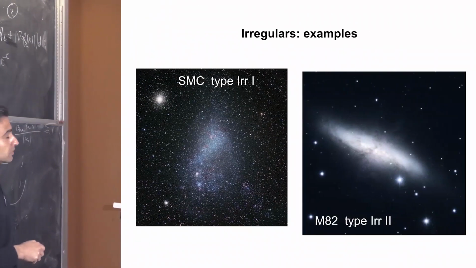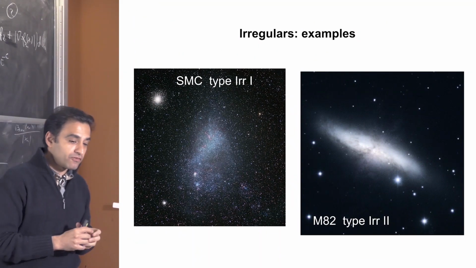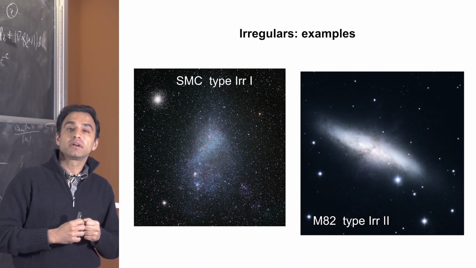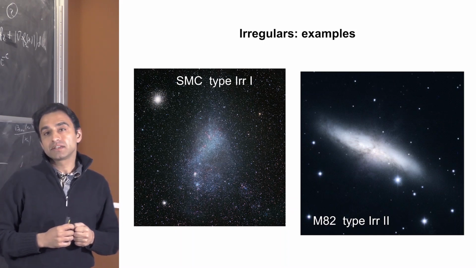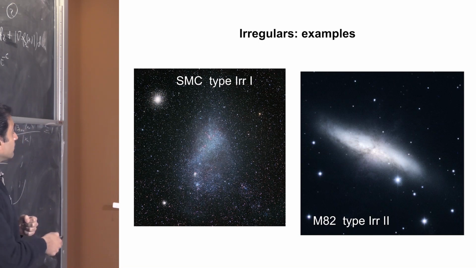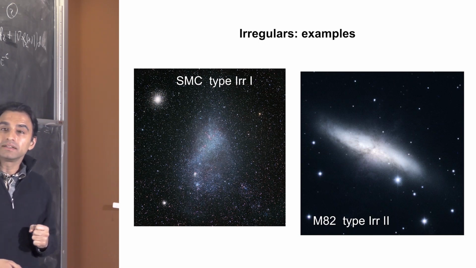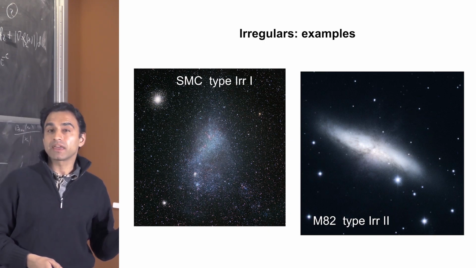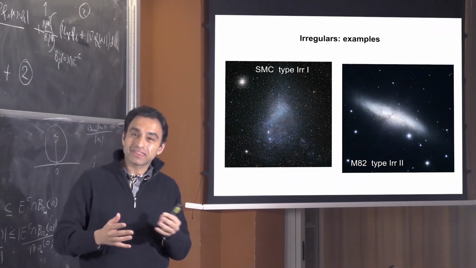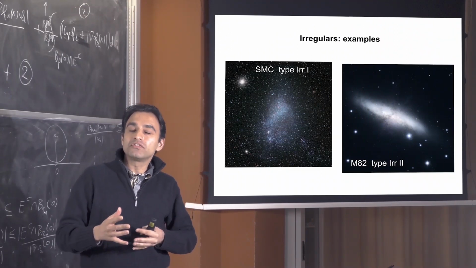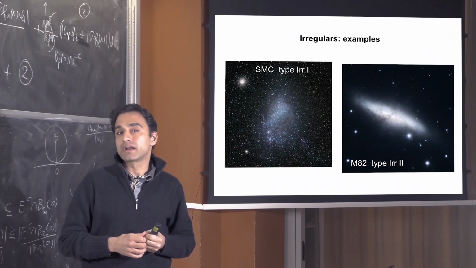I would like to conclude this type of tour through the morphologies of galaxies with the so-called irregular galaxies. What are irregular galaxies? Well, the name already tells us something. Irregular galaxies are those galaxies that do not really fit in any of the classes I showed you so far.